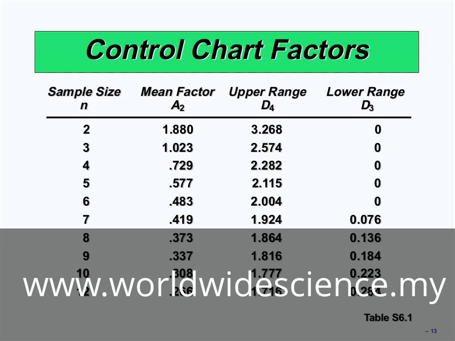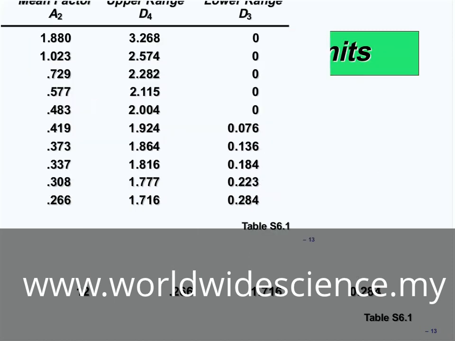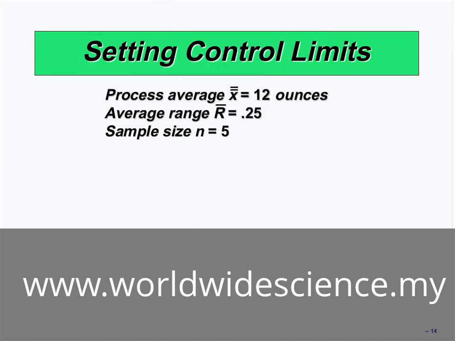Very good. Yes, 0.577. When the sample size is 5, the mean factor is 0.577. As I told you, this is a new example. Don't confuse it with the first one. This is a completely new example, and I gave you only the numbers directly because we want to become familiar with the new formula.